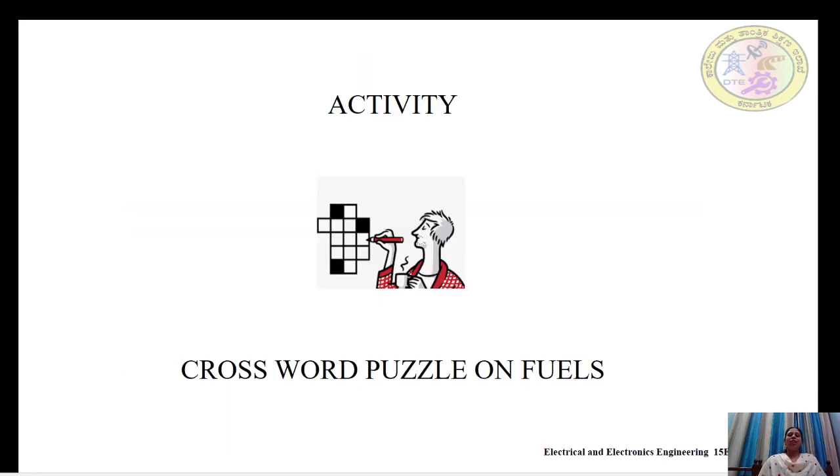Next, we'll pass on to the activity, that is a crossword puzzle on fuels. We'll solve it together. I'll be asking the questions, you think and tell me what will be the answer for the crossword puzzle.